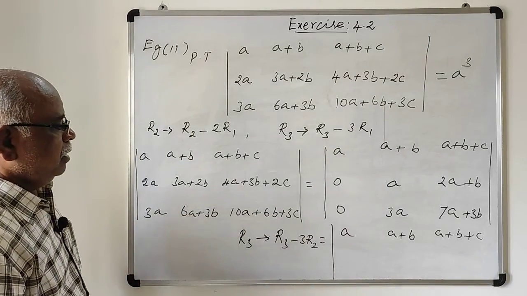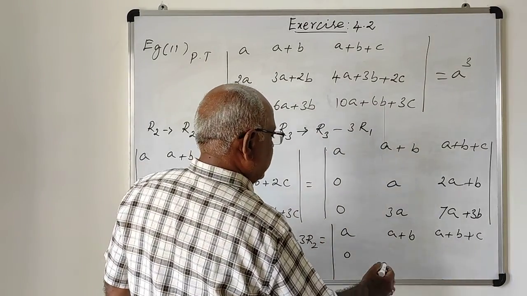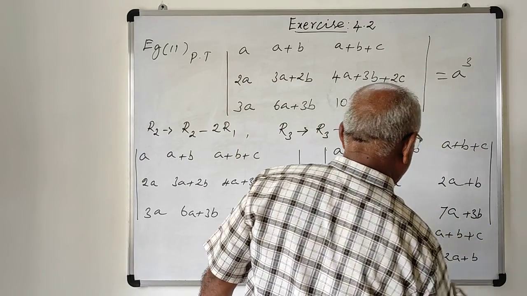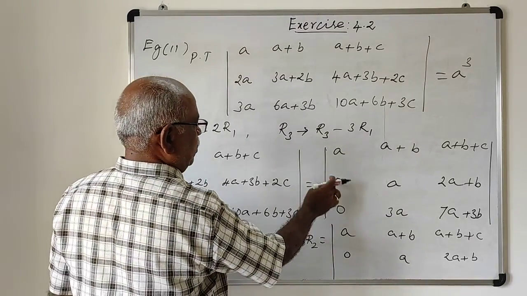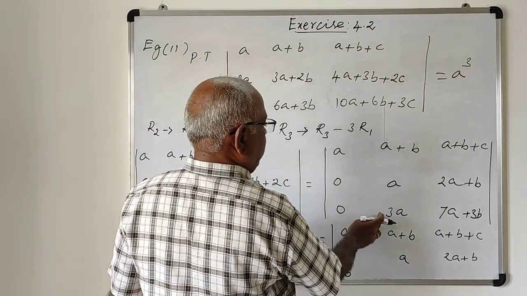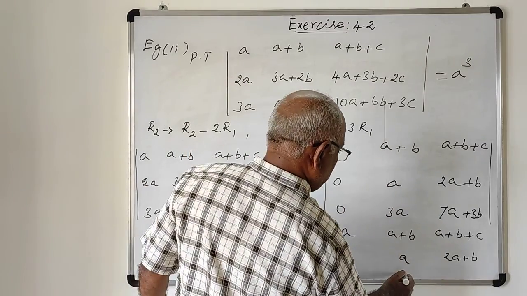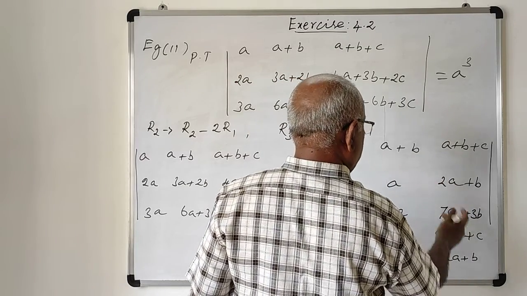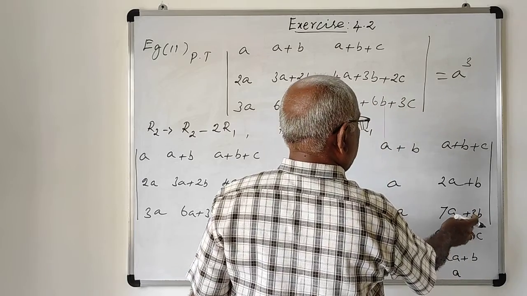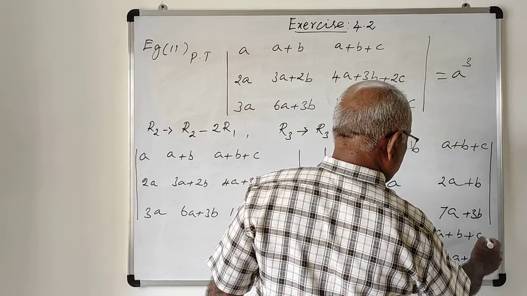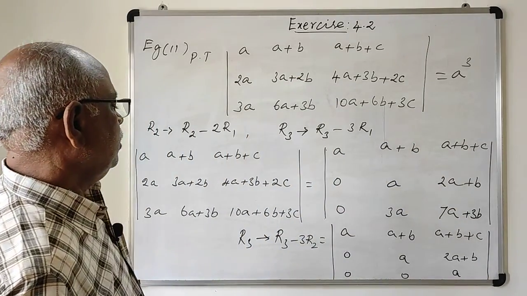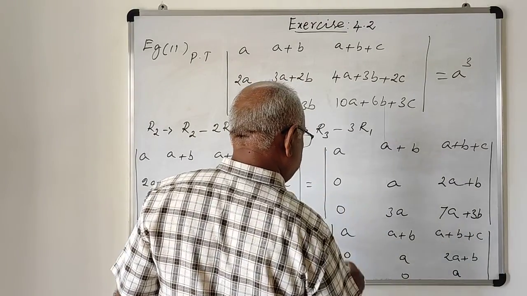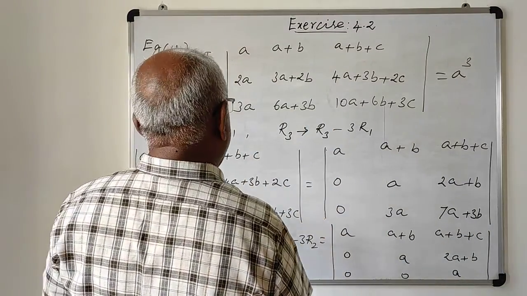Second row as it is, 0, A, 2A plus B. Third row, R3 minus 3R2: 0 minus 3 into 0 is 0, 3A minus 3A is 0, 7A plus 3B minus 6A plus 3B is A. That's all. Finally, you are expanding through column 1, A into, that's the next step.